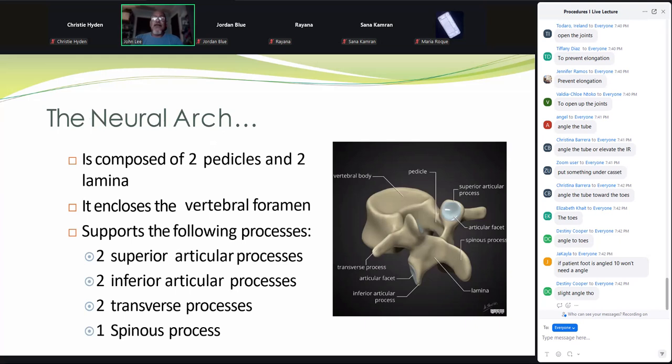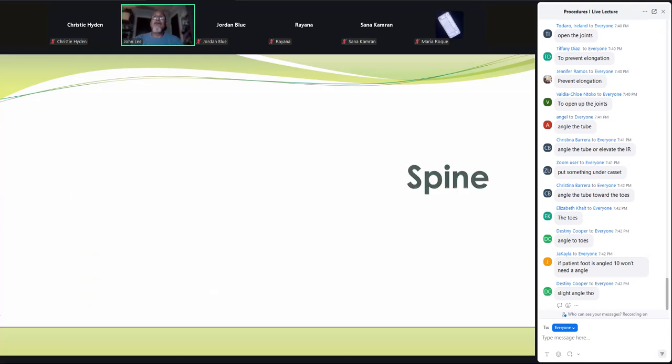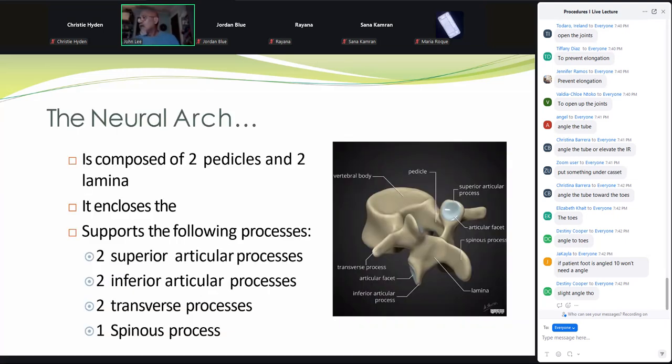Okay, so that's all of those for the upper and lower extremities, as well as the pelvis. Now we go to the spine. The neural arch is composed of two pedicles and two lamina. Remember, the neural arch is the opening where the spinal cord goes through the spinal column.